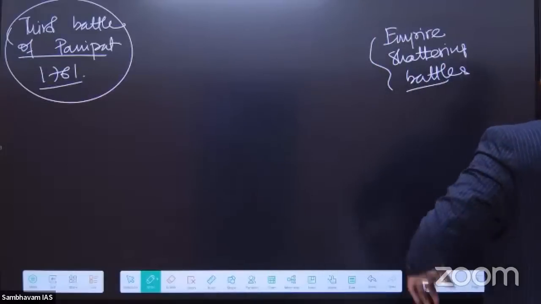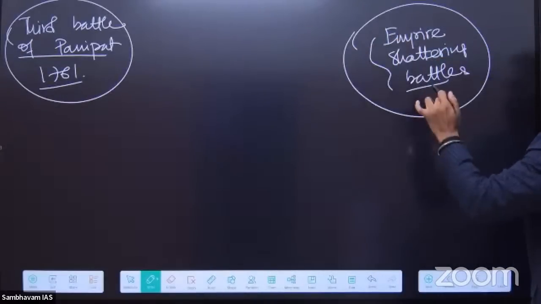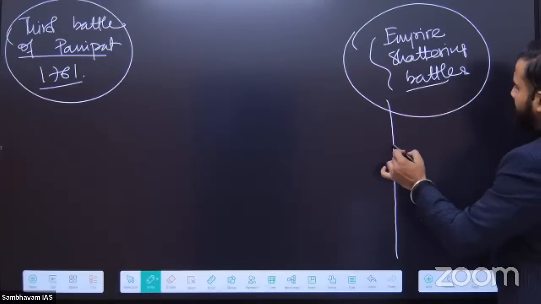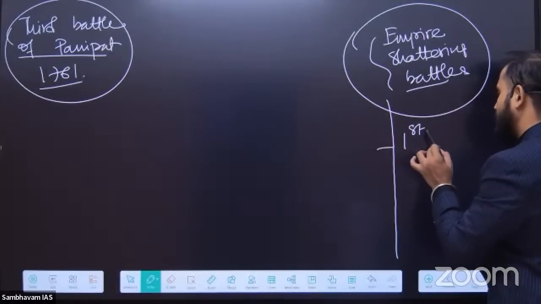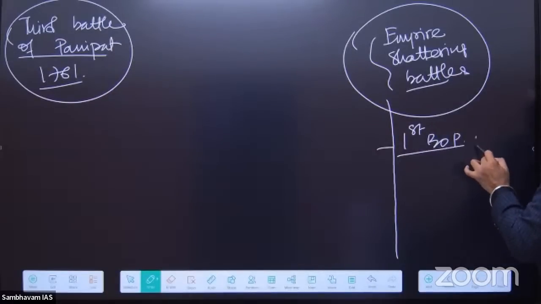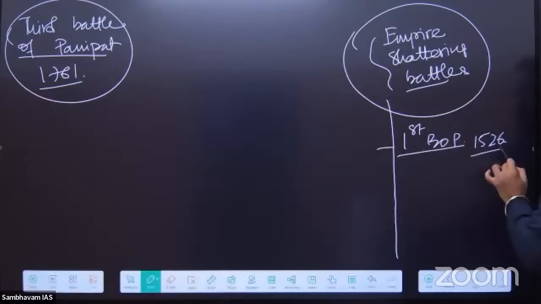The component, empire shattering battles, we will enlist three. We are deciphering this component. That will be the first Battle of Panipat, happening in 1526. Why is it empire shattering?